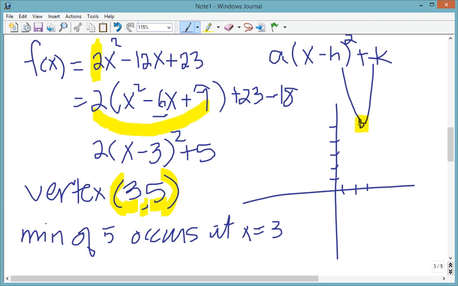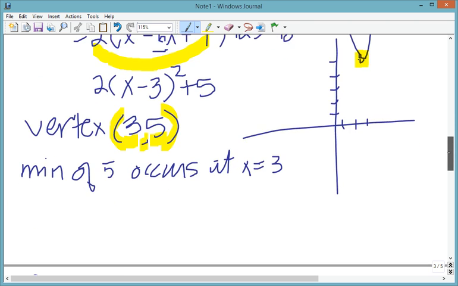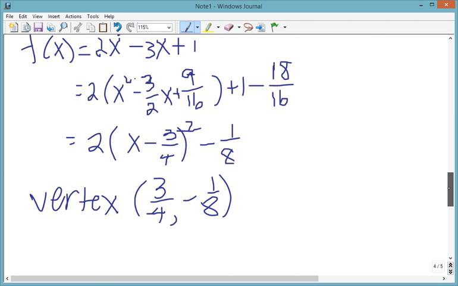Okay, so that's the terminology that we would use. The x tells us where it happens. The y tells us what the actual minimum is. So in this one, the minimum is -1/8. That is the lowest this function ever goes. That occurs where x is 3/4. And that's what we use this for.